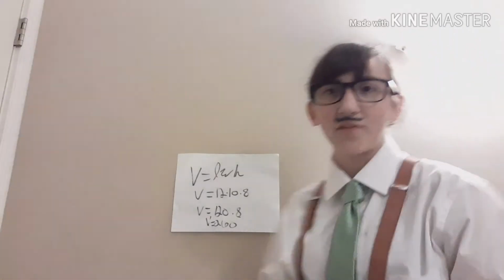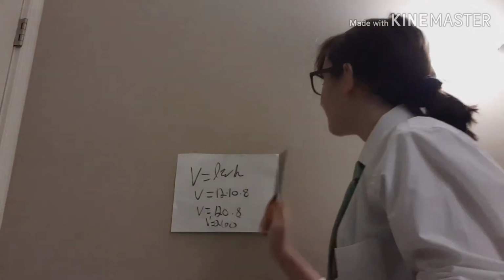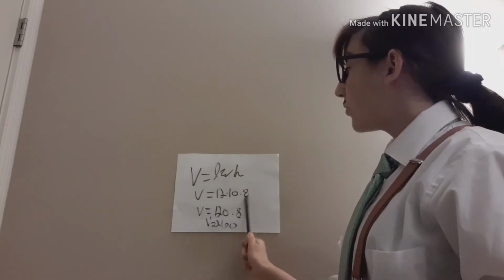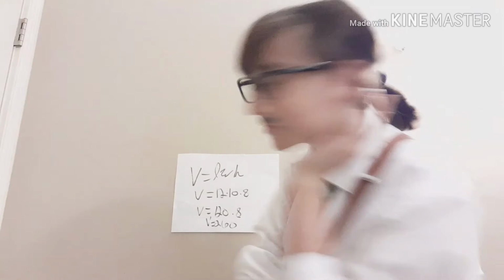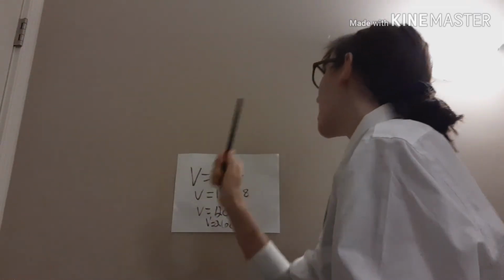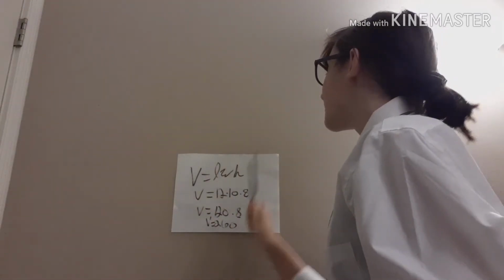It's kind of an oddly shaped painting, I know, but anyways. Whenever these variables are close together, we will be multiplying. So we need to do 12 times 10 times 8.